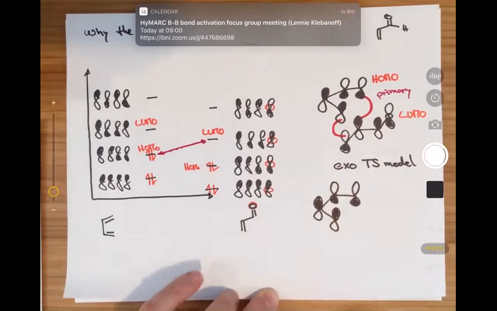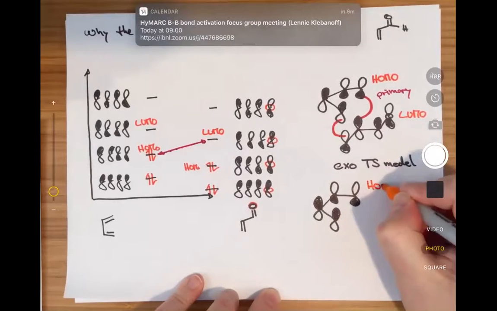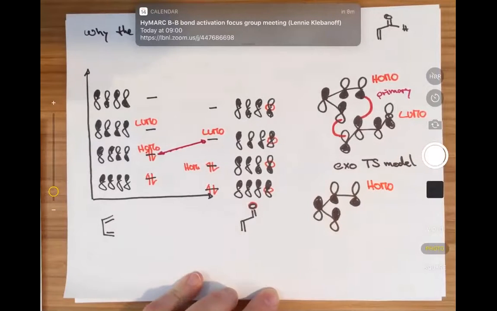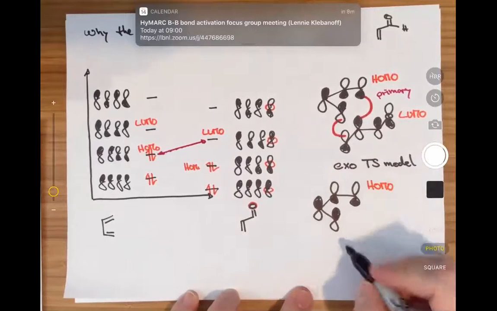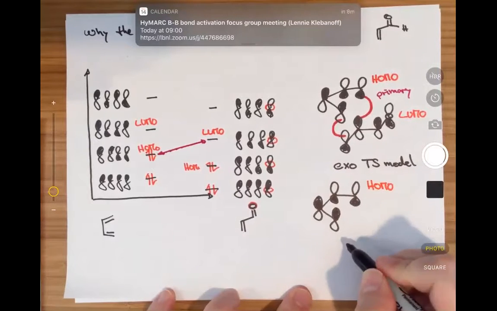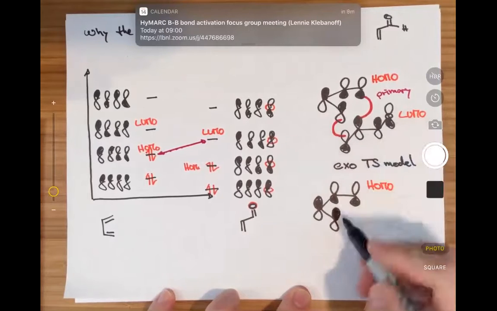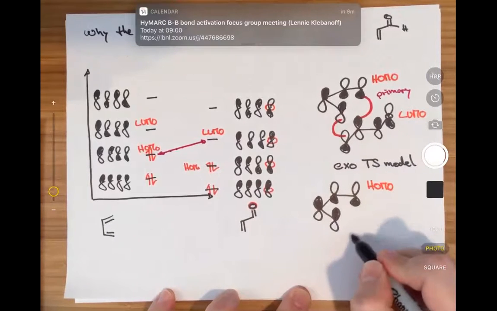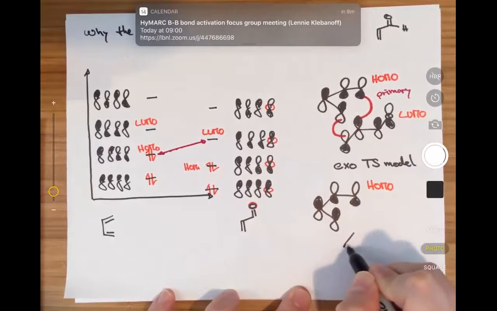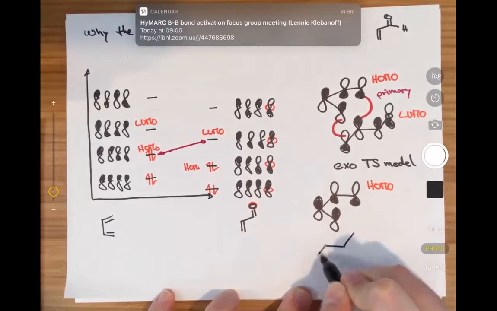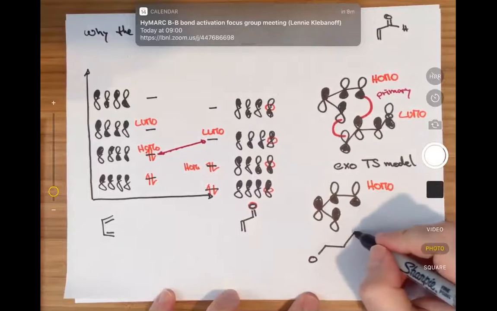So this was our HOMO again. And now I'm going to draw the other pi system underneath it. And this time I'm just going to tuck this carbonyl in underneath this other pi system here. So let's draw this like this. Let's say the oxygen is going to be over here.